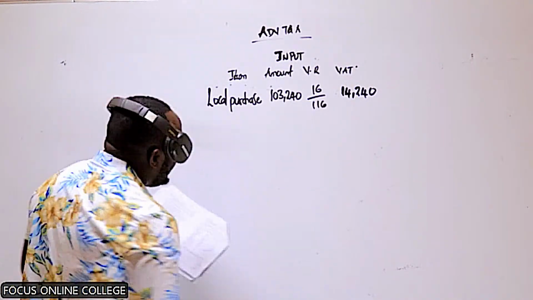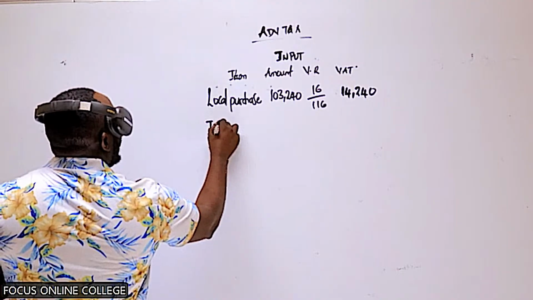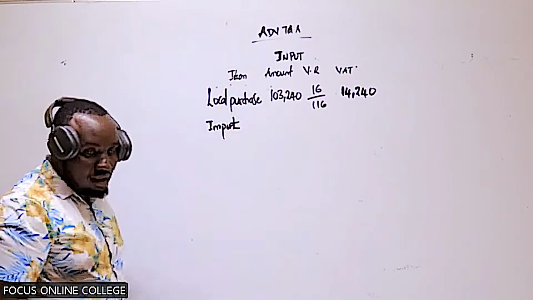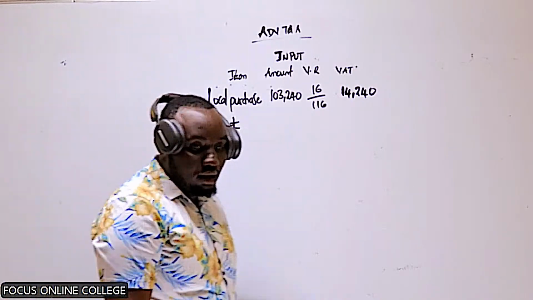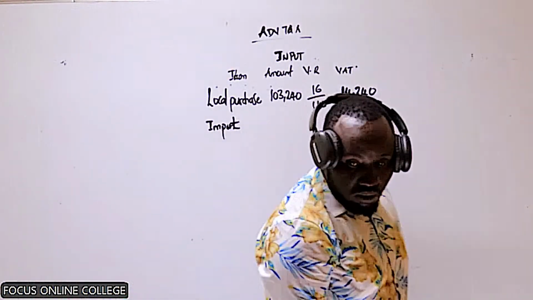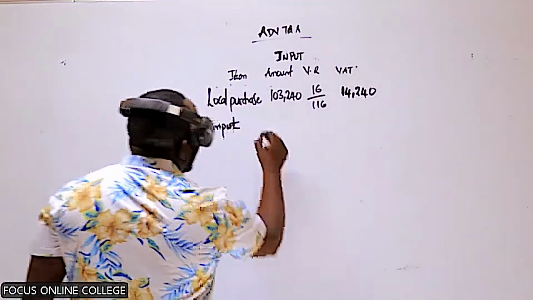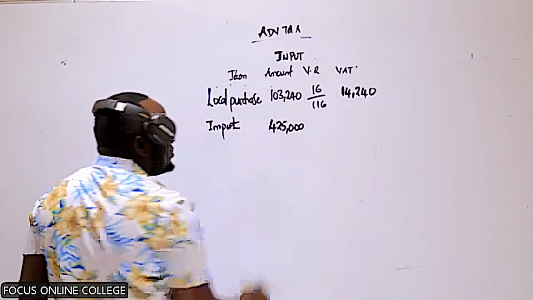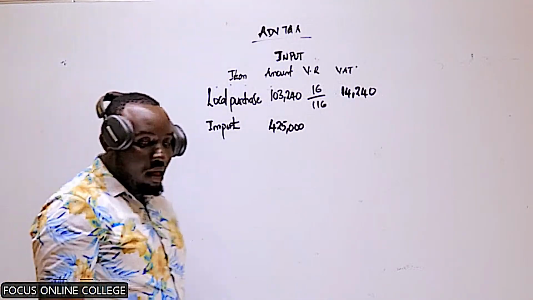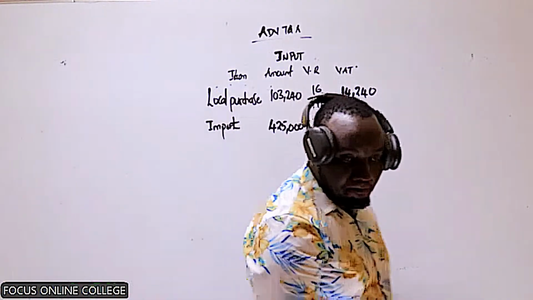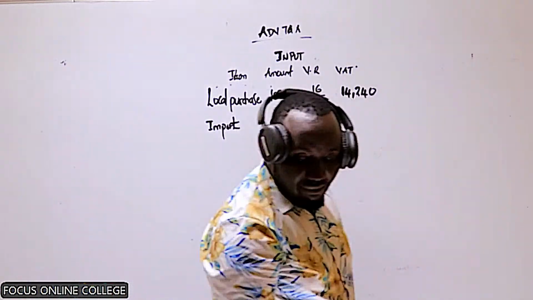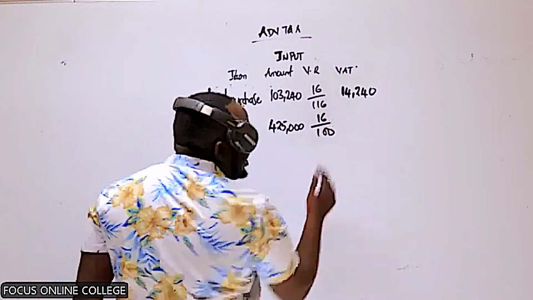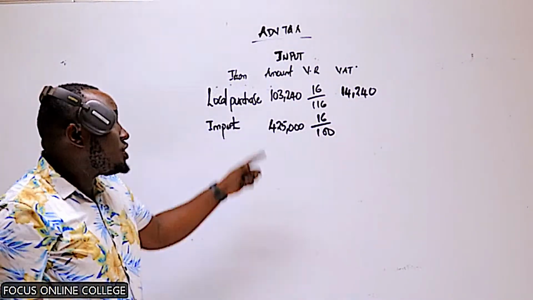We have what we call import. What is the value of import? The working that you did. The value for the import from the working is 425. What do you say about imports? Imports are exclusive, so we use 16 over 100. Even if the question is inclusive, imports are normally exclusive.